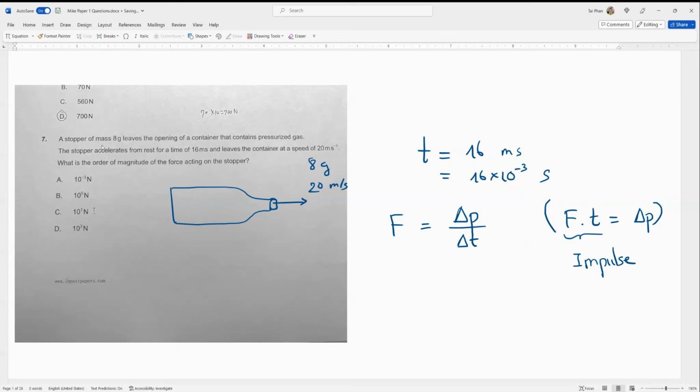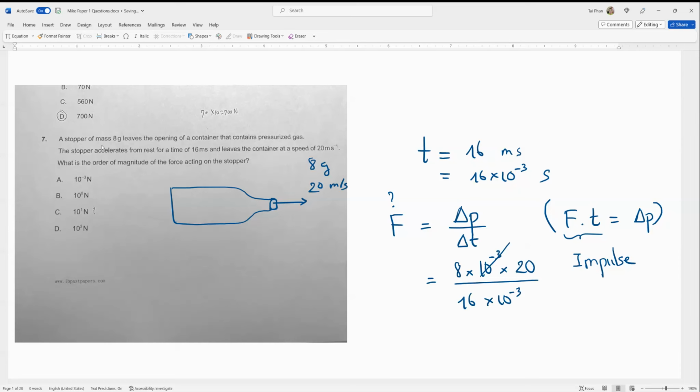In this problem, we need to find the magnitude of the force from the change in momentum. Initial momentum is 0. Final momentum is 8 grams multiplied by the speed. Of course, we need to convert 8 grams into kilograms, 8 times 10 to the negative 3 kilograms, multiplied by the speed 20, and then divided by the time, 16 times 10 to the negative 3.